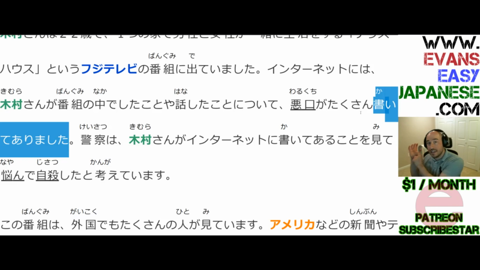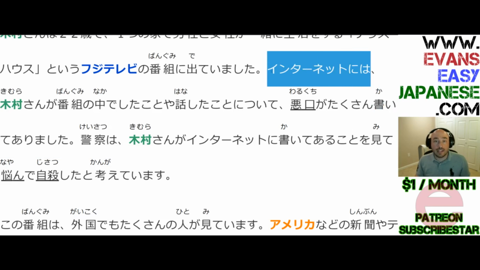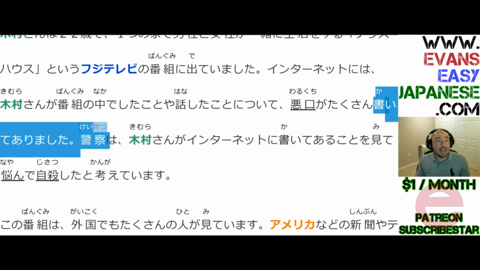That idea of it is written here is much closer to this kaite arimashita. It had been written here. It was written somewhere. Okay? The ni particle tells us where it is written. Internet ni wa blah blah blah blah kaite arimashita. There has been something written on the internet. On the internet, blah, blah, blah, was written, has been written, is written.